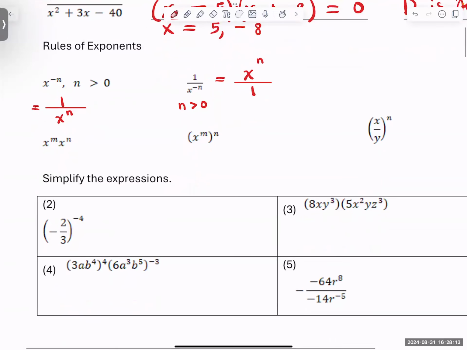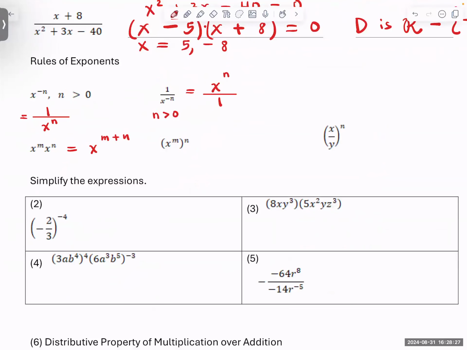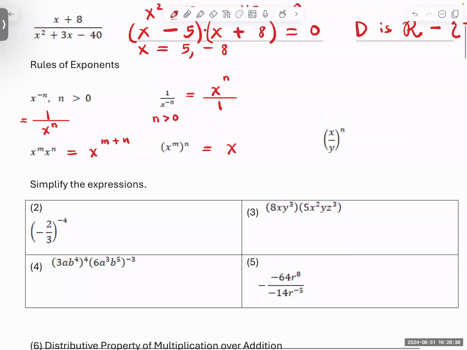In multiplying x raised to the m times x raised to the n, this product is base x raised to the sum of m plus n. X raised to the m, quantity raised to the n, equals base x raised to the product mn, m times n.